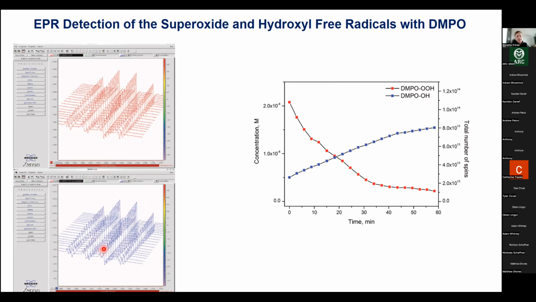And by doing the fits, you can actually quantify, count the spins, and know the concentration of both adducts at every point in time during this experiment. So you are able to measure the experiment over time and follow the kinetics.